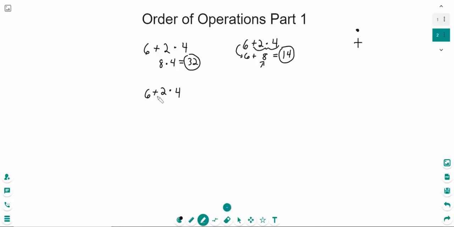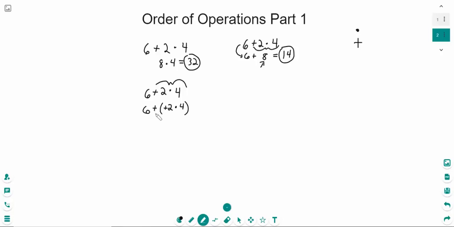All right. So you might think of this as a 6 plus, and then I'm just going to put a plus 2 times 4. Okay, so all I'm really doing is just taking this part and doing it first, the plus 2 times 4. But I have to remember that 6 is being added to that.